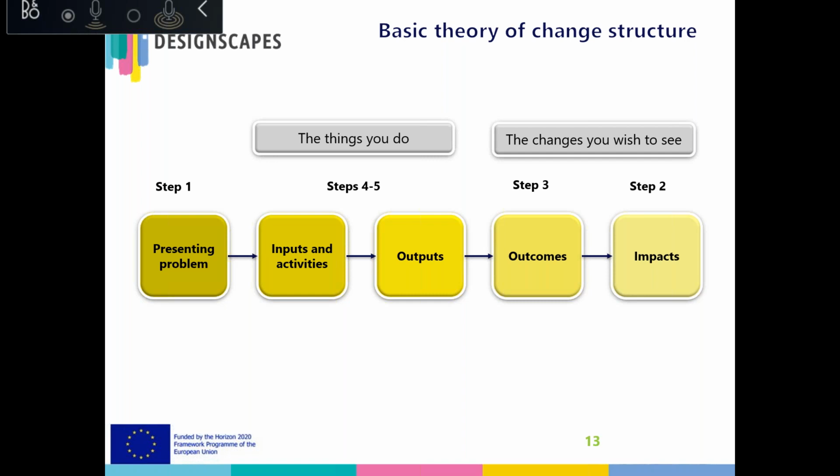So what will be produced as a result of your project that are absolutely important for your changes to come about. Following outputs, you then think about inputs and activities, and this relates to what you will actually invest and what you will do as part of your work.